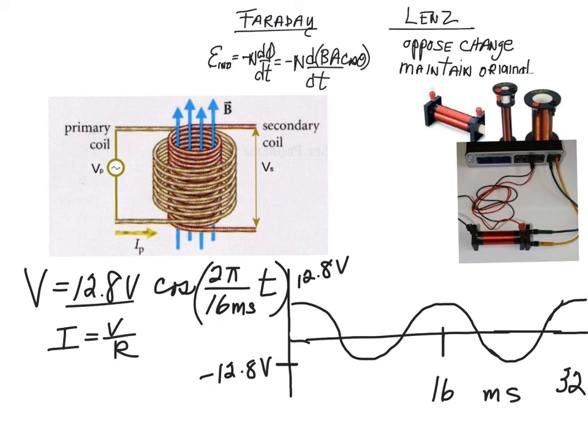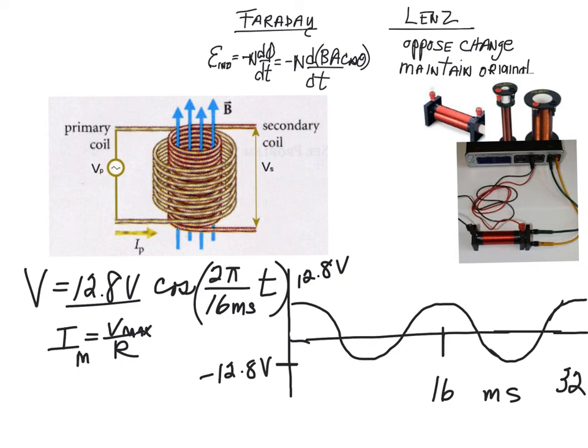And so if you divide this by the resistance, you'll get the maximum current. And that current is going to vary according to this very same graph. The period and the frequency is going to be the same, only the value will be the maximum current. Actually, I should write this: I max equals V max over R. But just like the voltage can take on any value, so can the current.